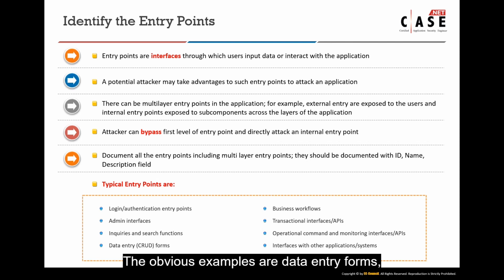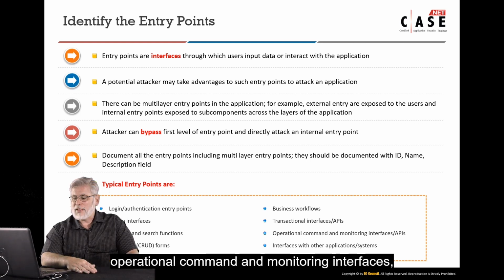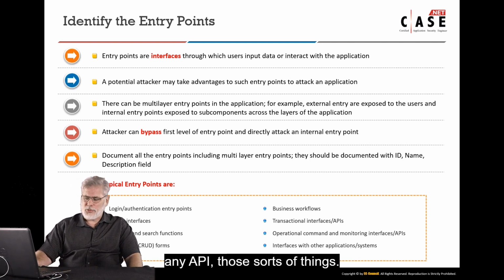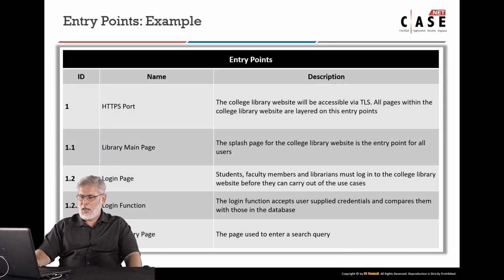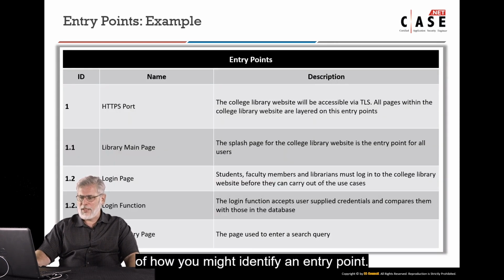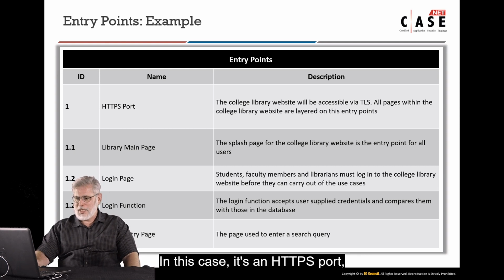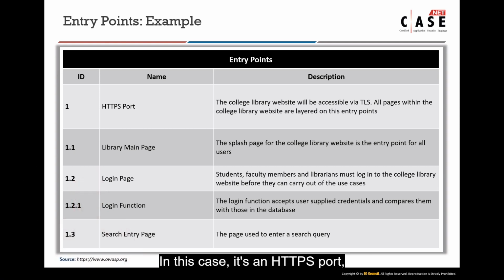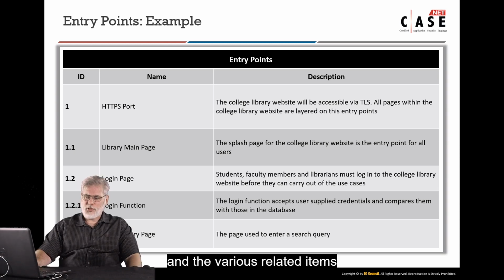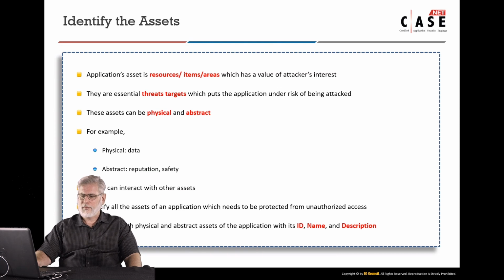Now, obvious examples are data entry forms, admin interfaces, login web pages, operational command and monitoring interfaces, any API, those sorts of things. And here we see an example of how you might identify an entry point. In this case, it's an HTTPS port, and we look at the login page, the login function, and the various related items to this particular entry point.